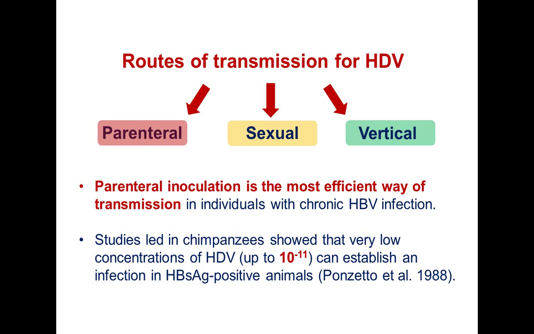HDV can be transmitted parenterally, sexually, and vertically. However, the most efficient way of acquiring HDV infection is parenteral transmission. In particular, it has been estimated that even very, very low doses of HDV, up to 10 to the minus 11, can establish an infection.